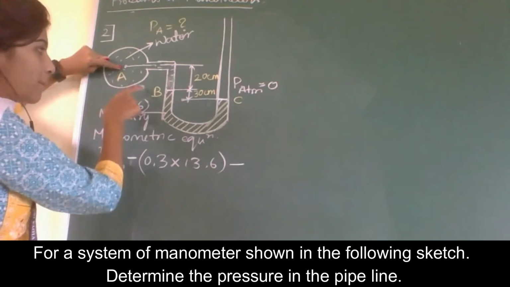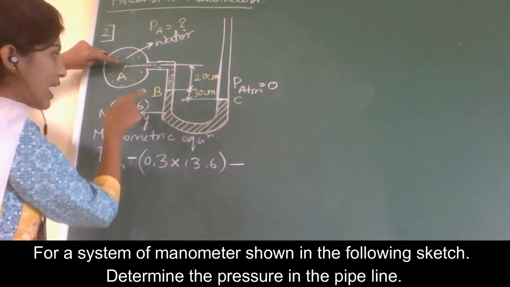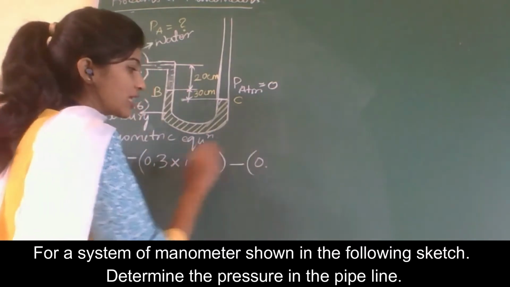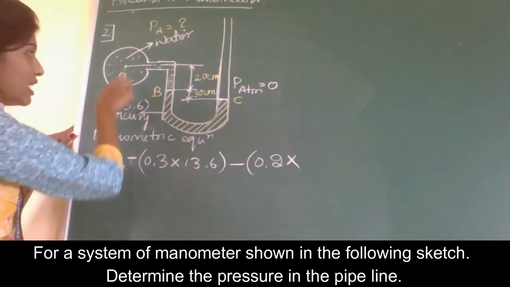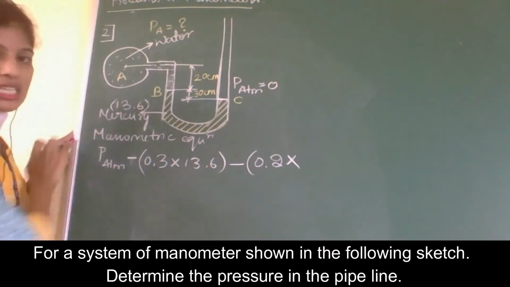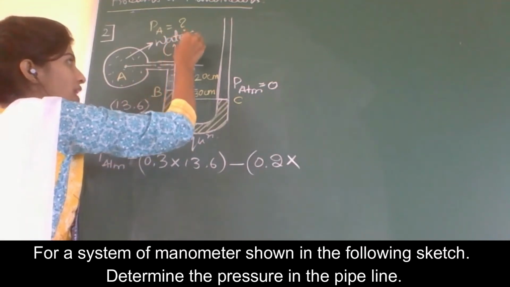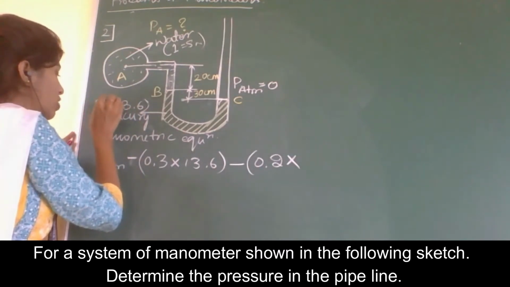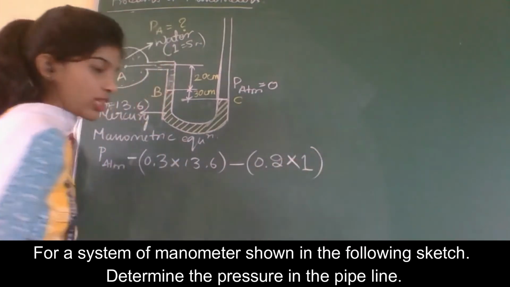The height difference from A to B is 20 centimeter, which in meters is 0.2 meters into the specific gravity. Whatever liquid is present here is water, and the specific gravity of water is 1. This 13.6 is the specific gravity of mercury.